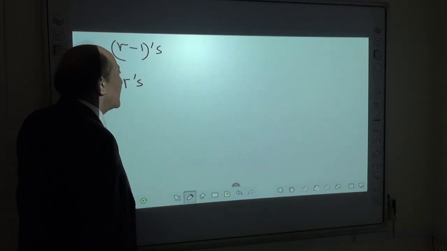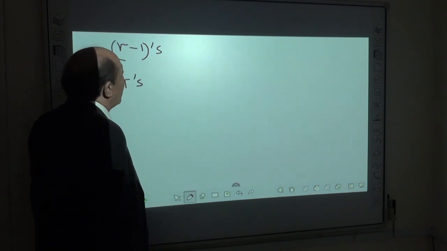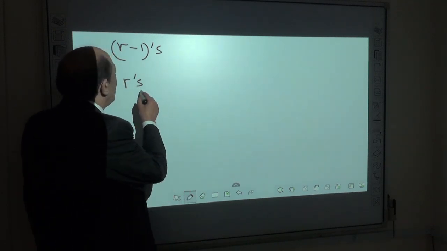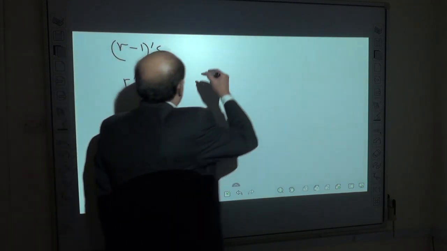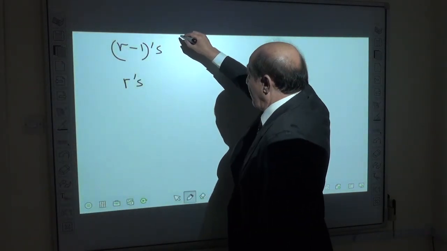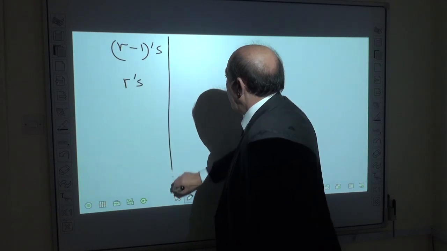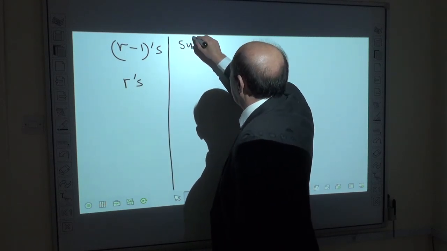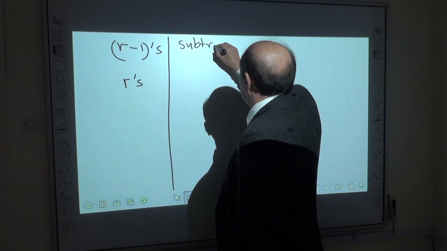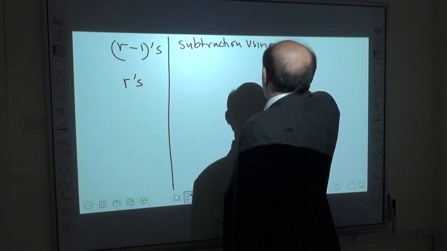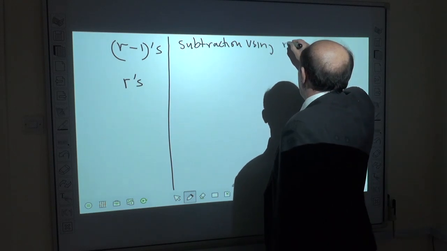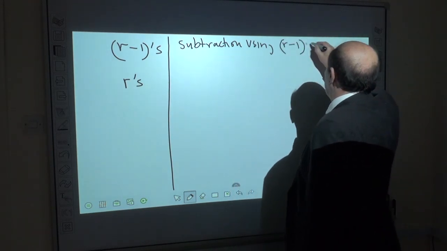Usually computers perform subtraction using addition with complement. Now we will start with subtraction using R minus 1's complement.